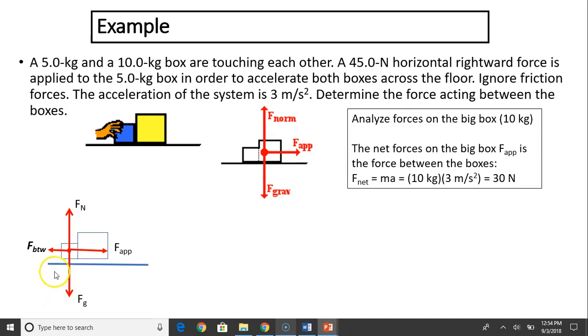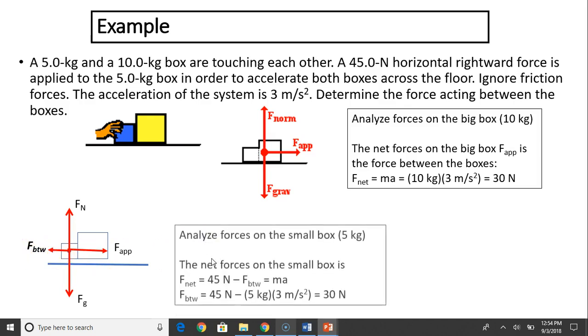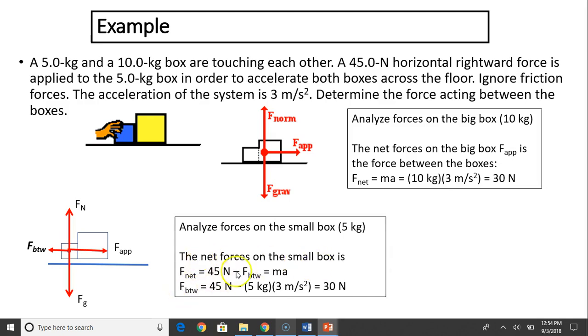They are acting on different bodies. One acts on the yellow box, one acts on the blue box. So this is the force between the boxes. So again, you can find the net force: 45 minus F between the boxes equals MA. Solving, the force between the boxes is 30 newtons.